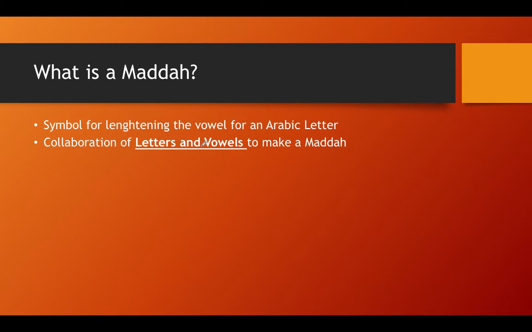This will make much more sense in the next few slides. The only thing you need to know now is that letters and vowels in this lecture are working together to make a stretching of the vowels. And then you have the three types of maddas, or stretching of vowels: the letter alif madda, the letter ya madda, and the letter waw madda.